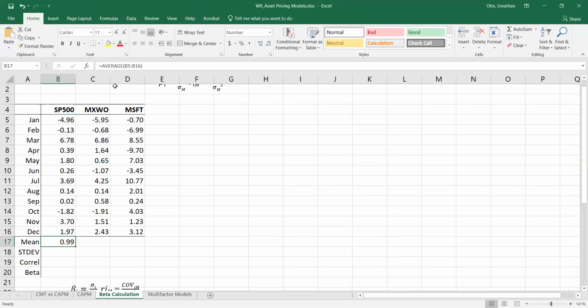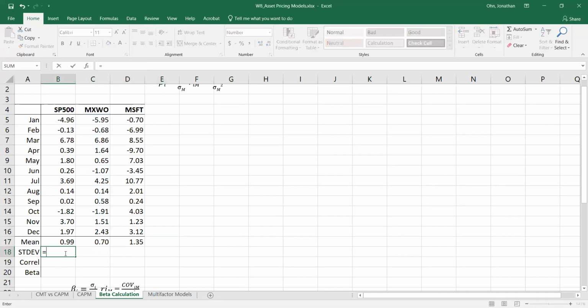The S&P 500 monthly average return is 0.99%. The average of MXXO is 0.70, and 1.35 is the Microsoft monthly average return.